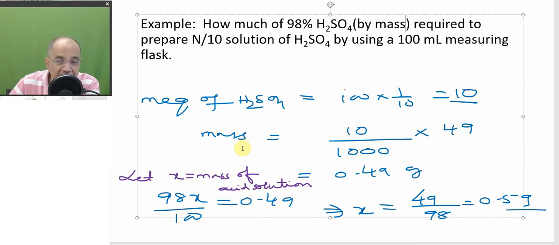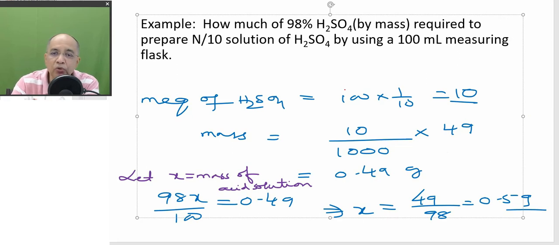So you can convert it into mass. So 10 divided by 1000, because milli has to be killed. I told you several times, if you want to kill milli, then you have to divide by 1000 or multiply by 10 to the power minus 3. And this is the number of equivalents into equivalent mass, 49 for sulfuric acid. So that comes to 0.49 gram.